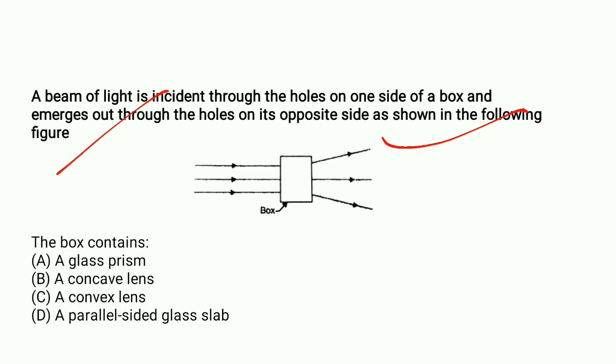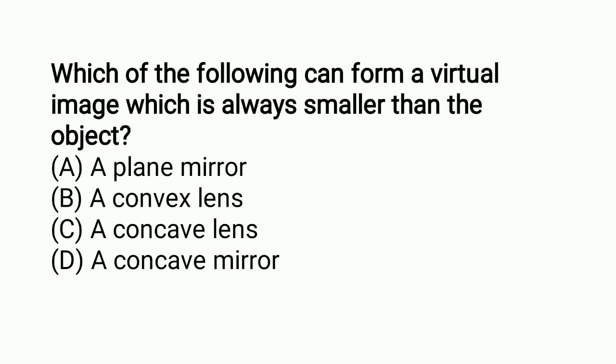As the refracted rays diverge, it means we have a concave lens inside the box, because a concave lens is a diverging lens. So option B is the correct answer. Next question. Which of the following can form a virtual image which is always smaller than the object? A virtual image which is always smaller than the object is obviously formed by a concave lens.